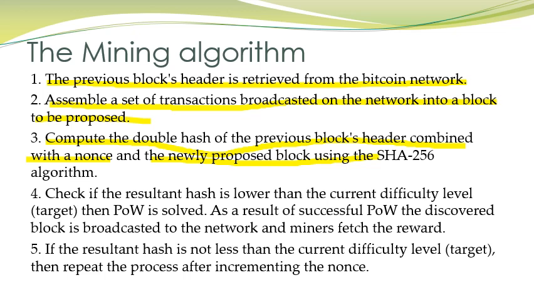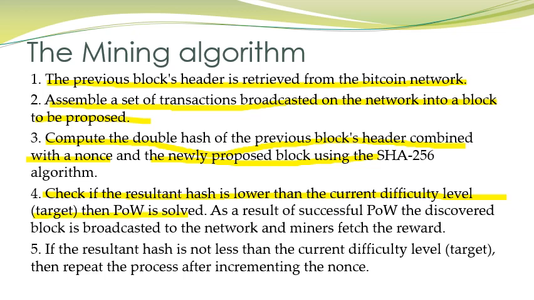From these three different fields the hash value is calculated, and the next task is to check if the resultant hash is lower than the current difficulty level or current target level.